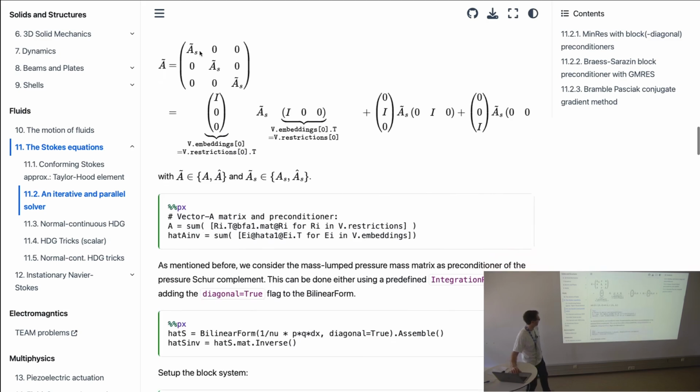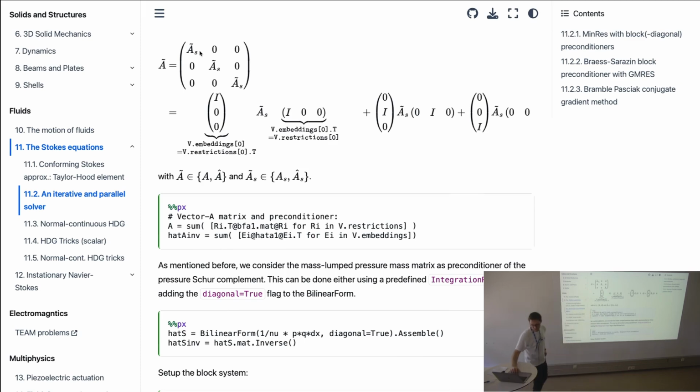We just use the preconditioner that we have already defined. For example, v.embedding 0 will give you the corresponding first component, and v.embedding 0.transpose will be the corresponding other part. When we sum this up, we will get this matrix.